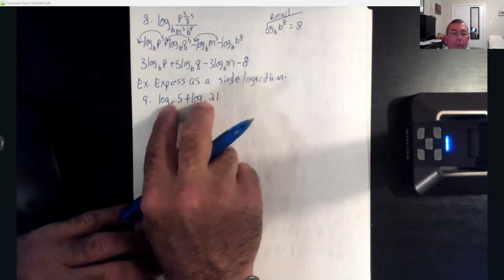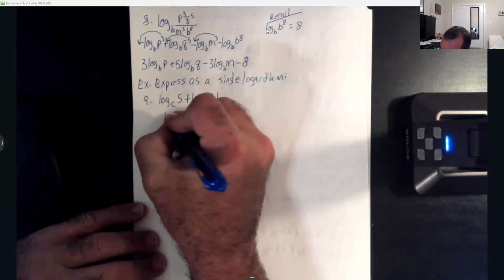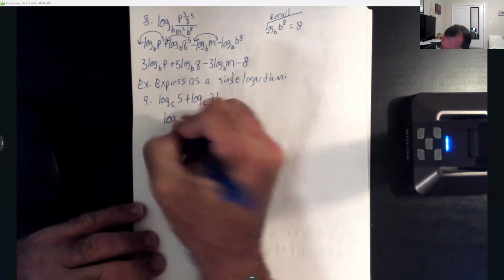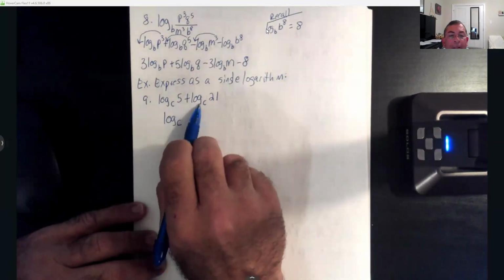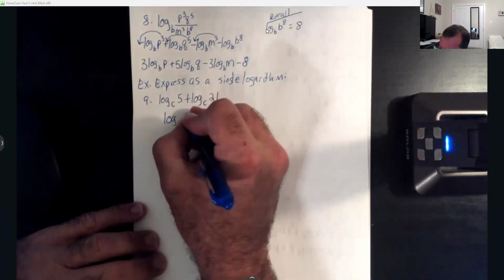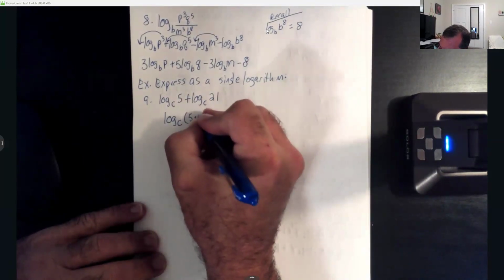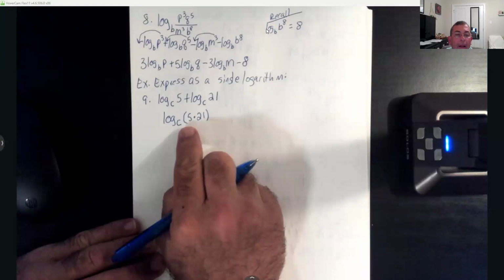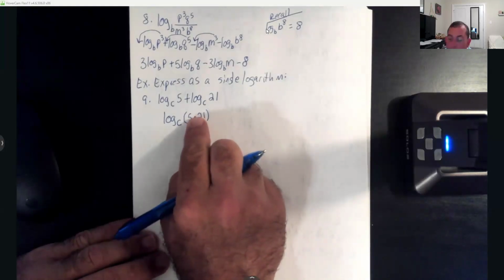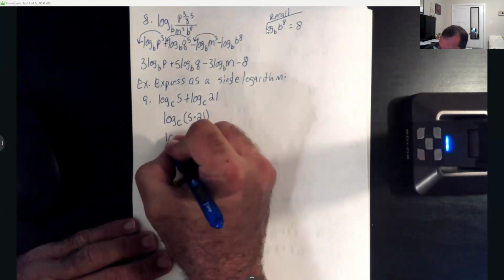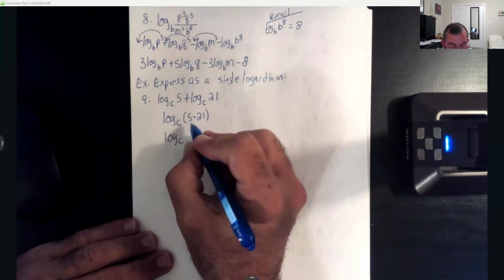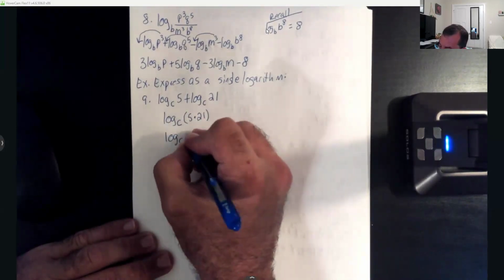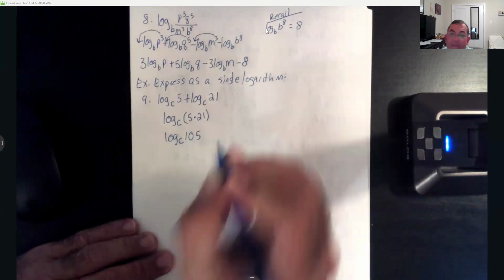So what I'm going to do is we'll bring up that log base C, and then rewrite the sum as a product. That's going to give me 5 times 21. All right, so my last step would actually be to multiply that. So I get a log C, 5 times 21 gives me 105.